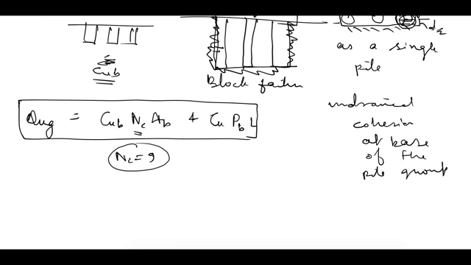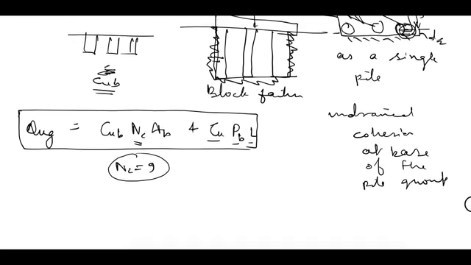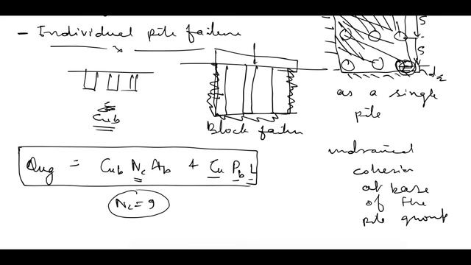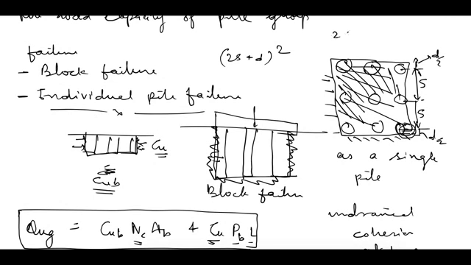So that is our first term, and the second term is Cu Pb into L. So this is about the surface area and the cohesion on the surface. So the cohesion on the surface side, the value of cohesion here is Cu. It is there in this equation, and Pb into L is the surface area. Pb here is the perimeter. So if we calculate, this length 2S + D is one side, so what will be the value of perimeter?